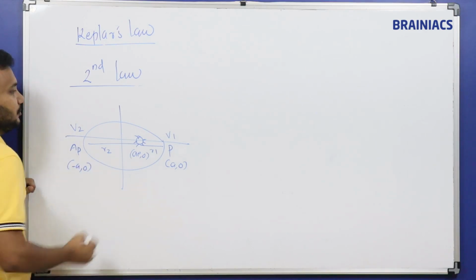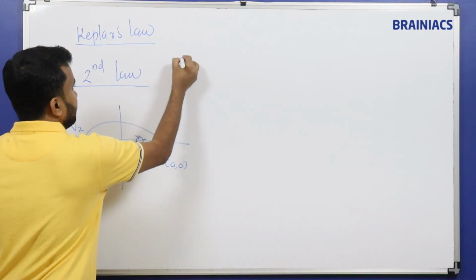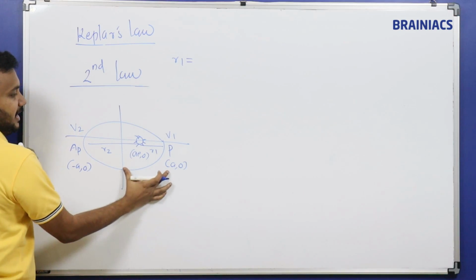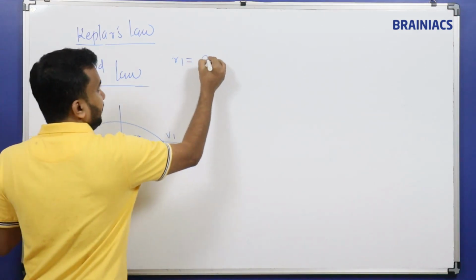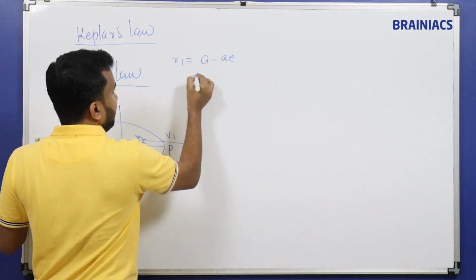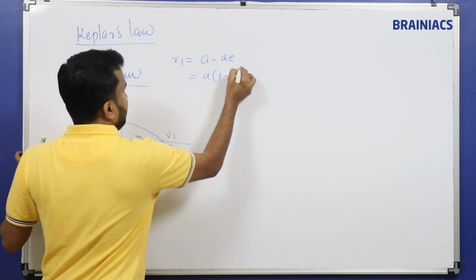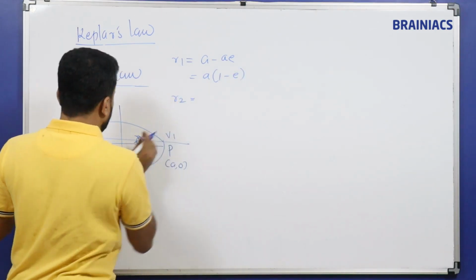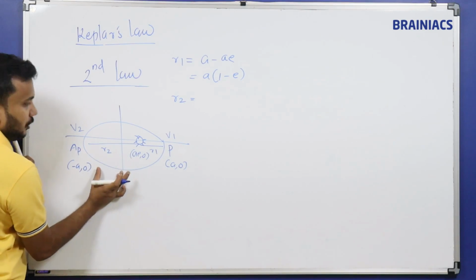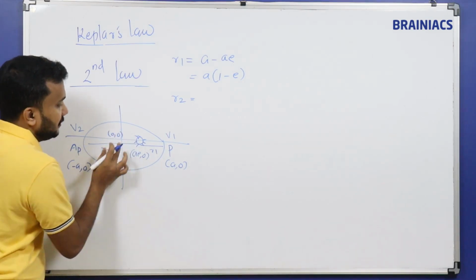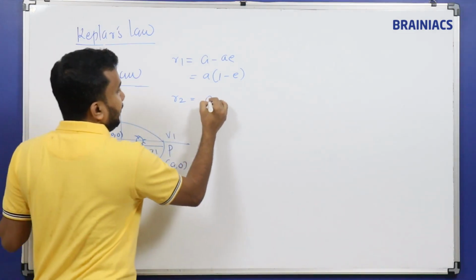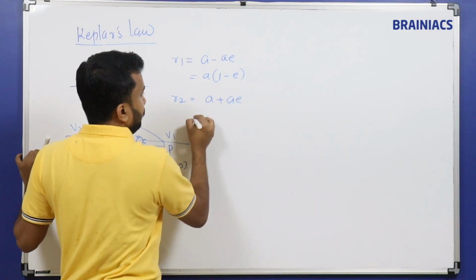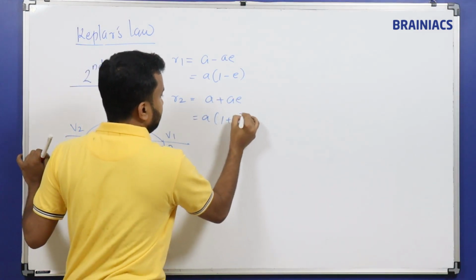Minus A comma 0. So what is R1? R1 is A minus AE. Before we have written, right? So A into 1 minus E. What is R2? R2 is this distance. So this total, this is the coordinate 0 comma 0. So A plus AE. So A into 1 plus E.